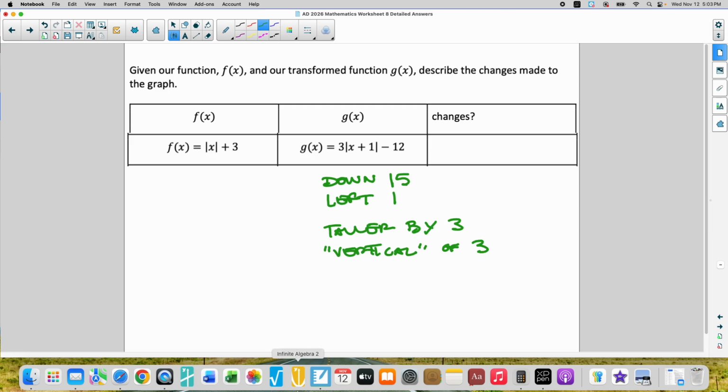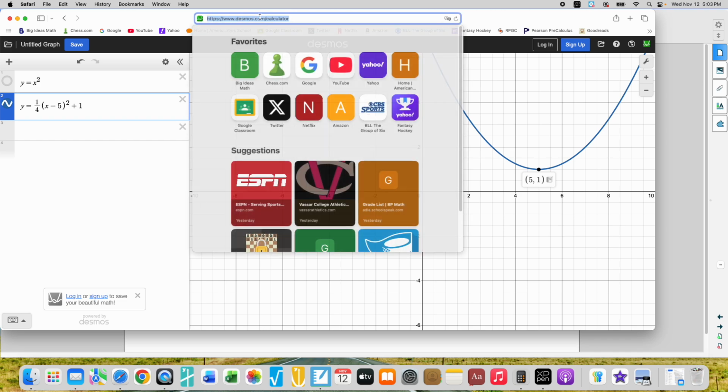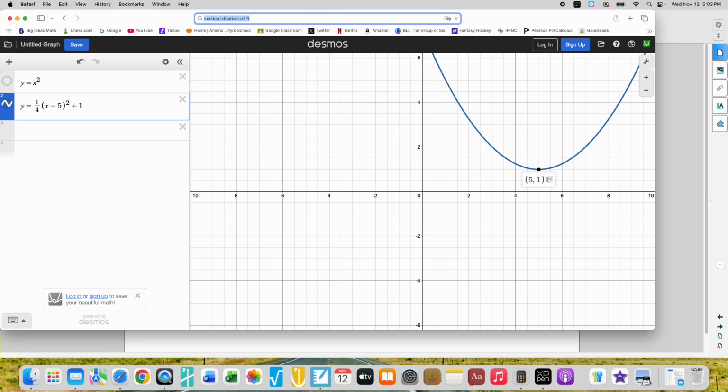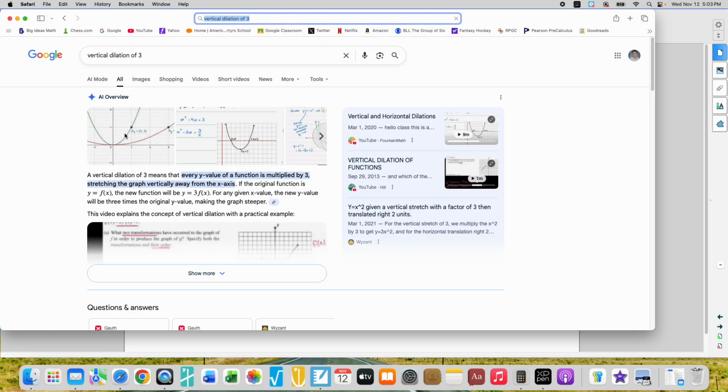Let's look at this too. Let's go back here. Vertical dilation of a factor of 3. Every y value of the function is multiplied by 3, stretching the graph vertically away from the x-axis. No, so that's not it. Okay, what's horizontal?